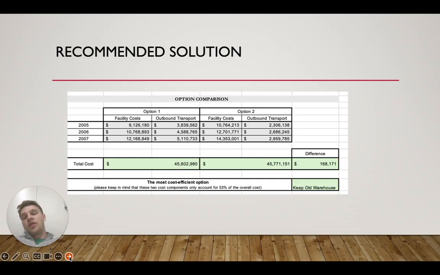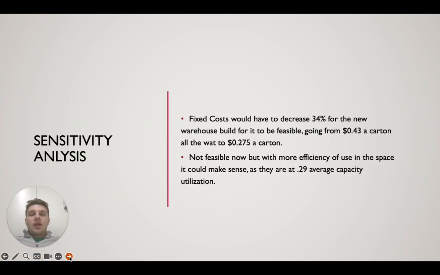And this is showing the difference in the price right here, as I did my sensitivity analysis, I added that in. So I found that you'd have to decrease the fixed cost for the new warehouse in Hartford 34%. So it's going to have to go from 43 cents a carton now to 27.5 cents a carton.